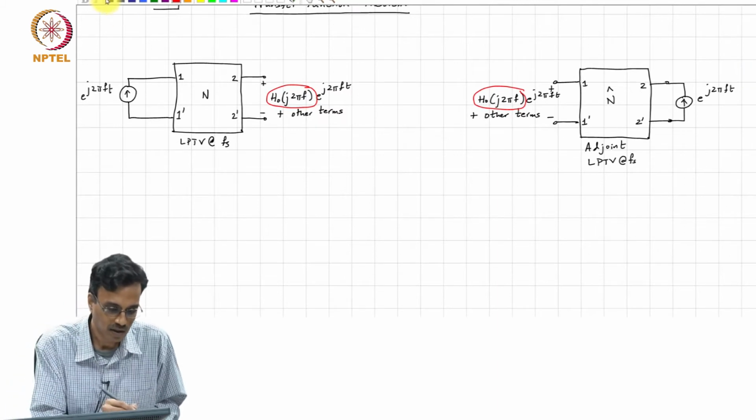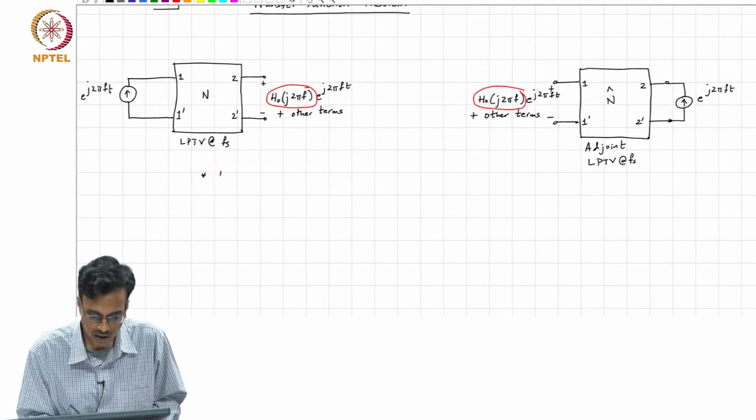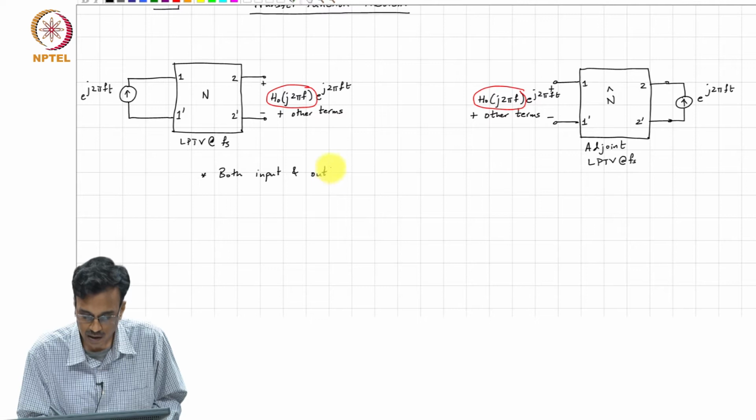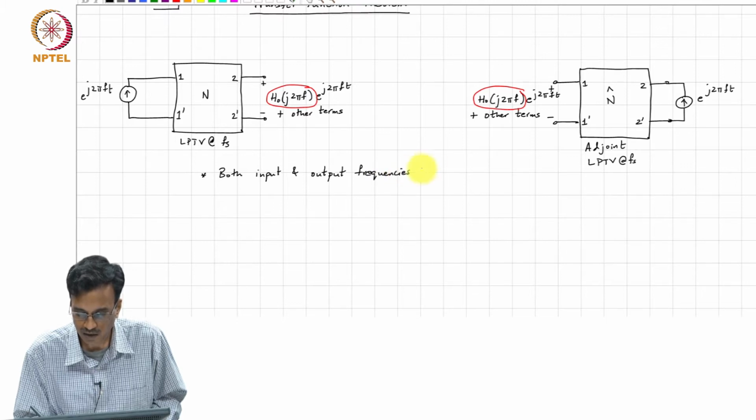So the key point was that both input and output frequencies are the same.